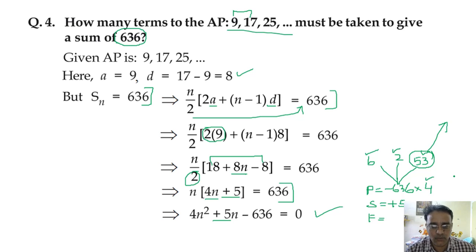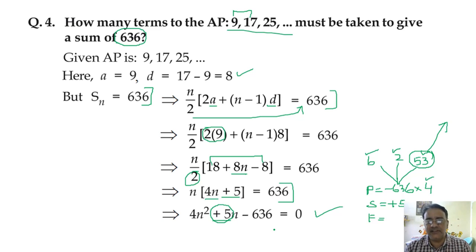Let me explain again what trick I used here, because this is a big number. If you multiply, it will become a 4-digit number. That is why I did not multiply. I broke up 636 as 6 into 2 into 53. Now the difference should be an odd number, so one should be even and the other odd. Here there is only one odd number, 53. I kept it aside.